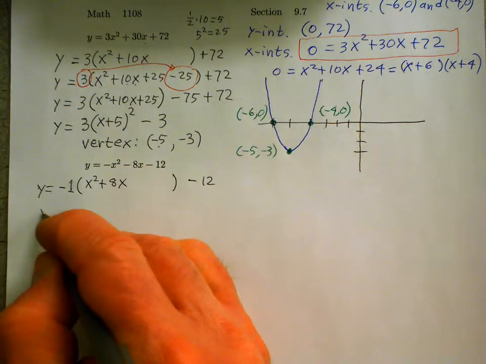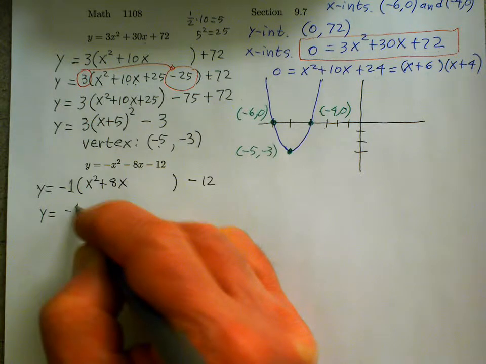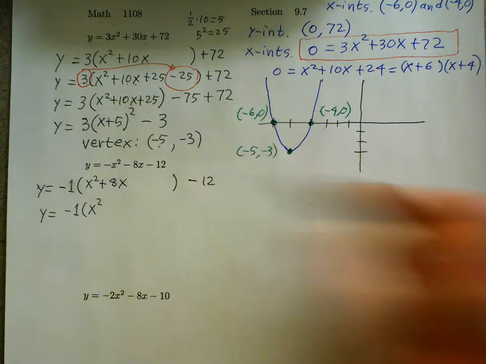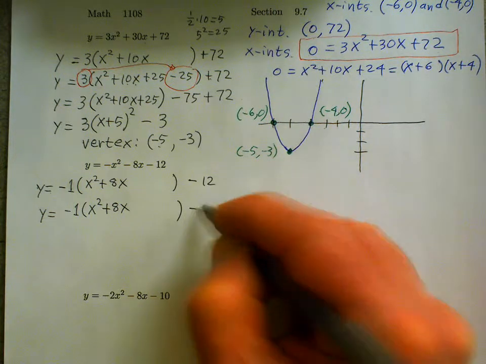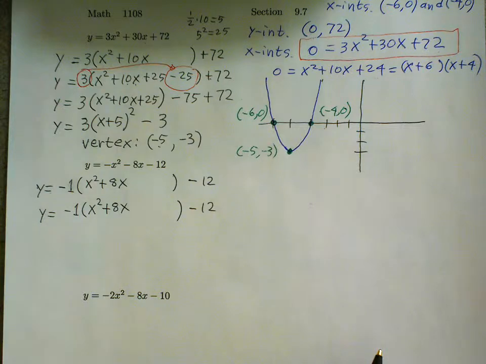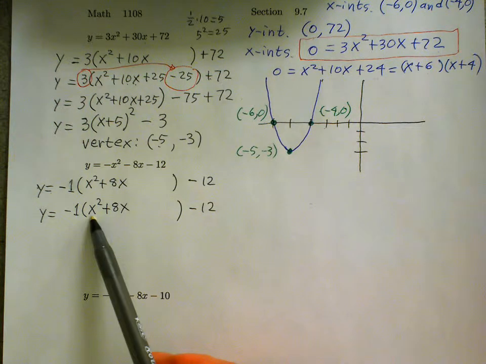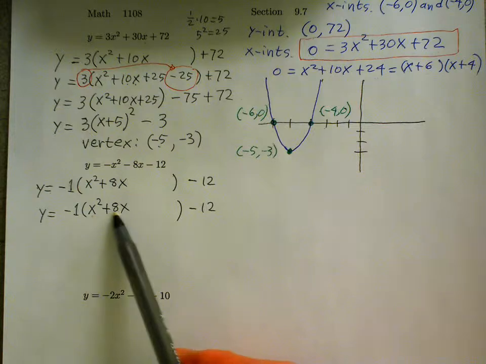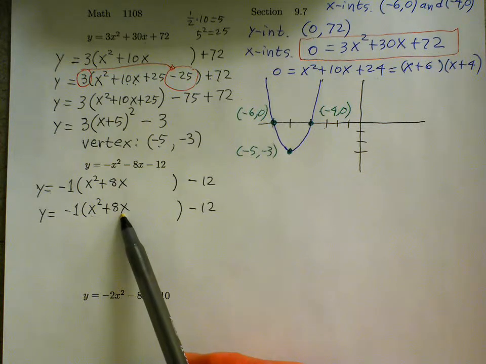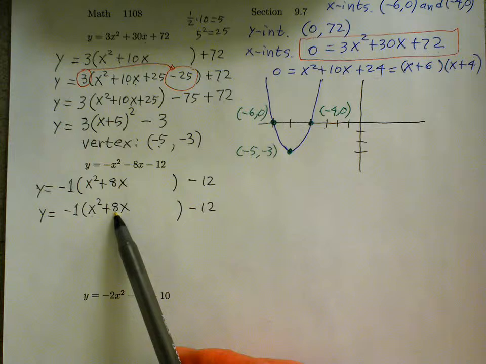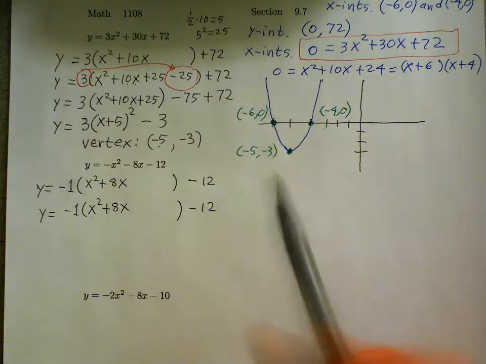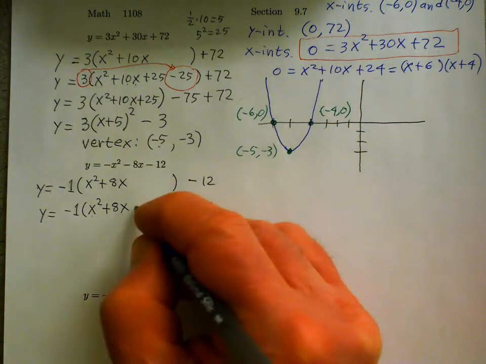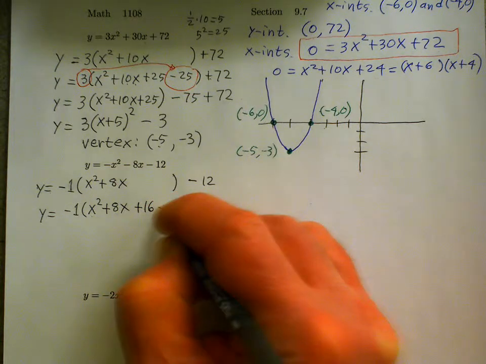Then in the next step, we're going to add 0, and in the process, create a perfect square trinomial. So now we're focusing on x squared plus 8x. We take 1/2 of 8, which is 4, and then square that number, which is 16. So the form that 0 takes is plus 16 minus 16.